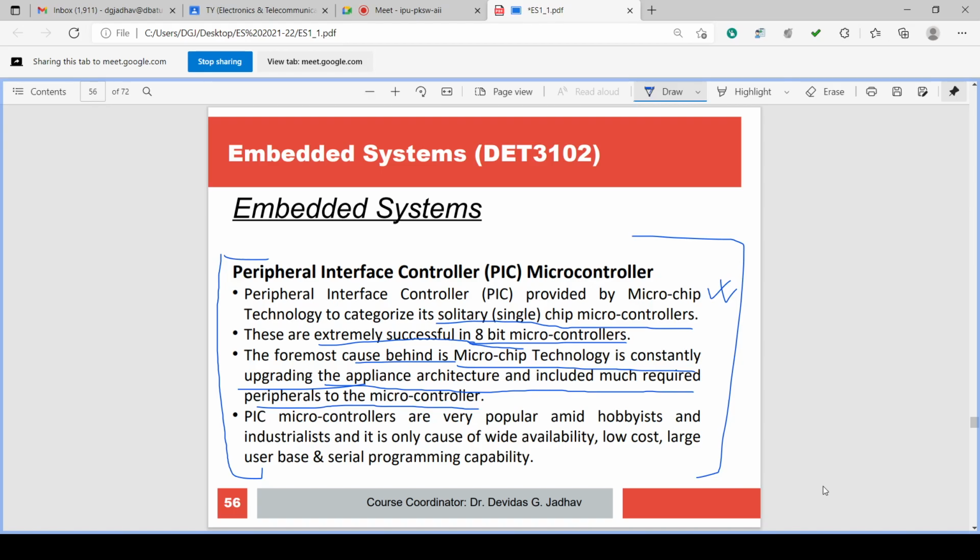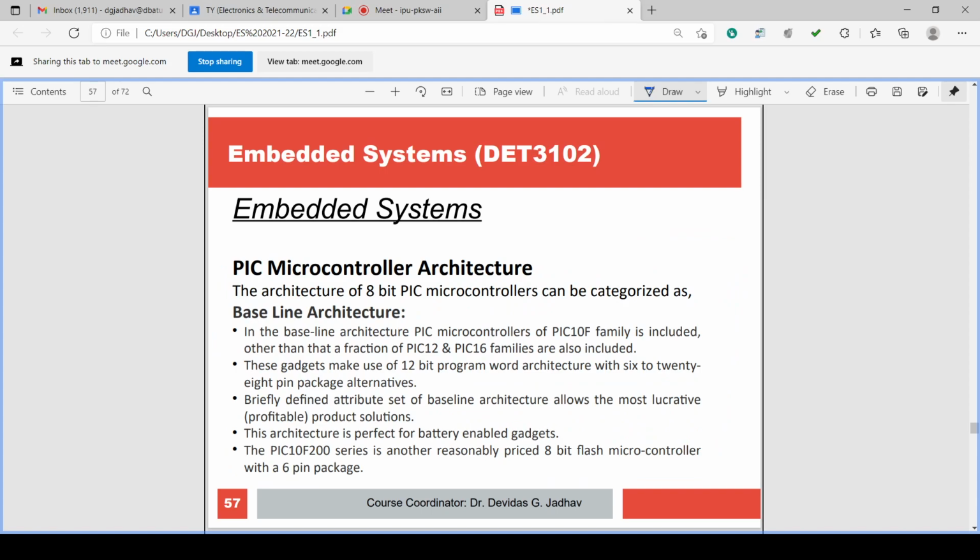There are different numbers of PIC controllers, and they have different capacities and specifications. So this is about the PIC microcontroller.